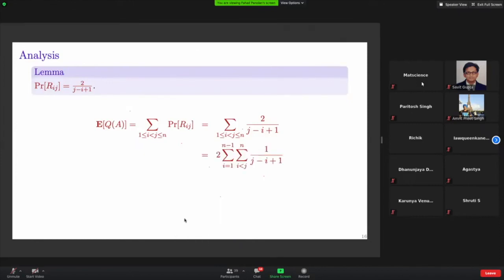So you take 2 outside, and you can write it as i going from 1 to n minus 1 and j greater than i and at most n, 1 by j minus i plus 1.